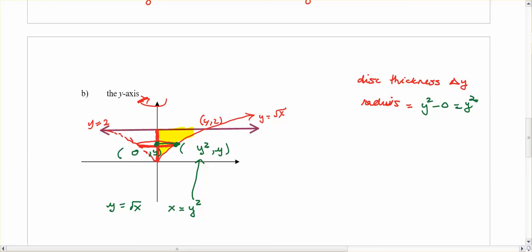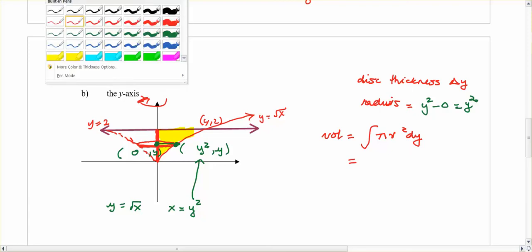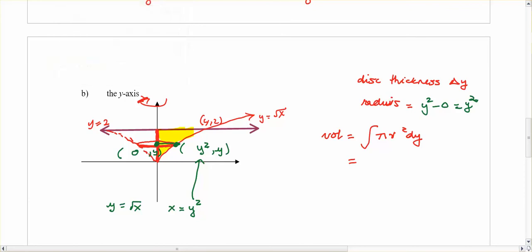Okay, and we can do our volume now pretty easily. It's going to be the integral of pi r squared dy. Okay, so working in y's, my limits are going to go from 0.